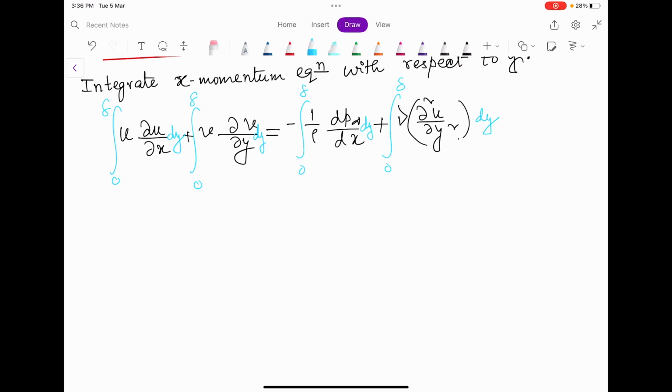Okay, then I can write del u del x as minus del v del y, from the continuity. So this thing I have changed here.